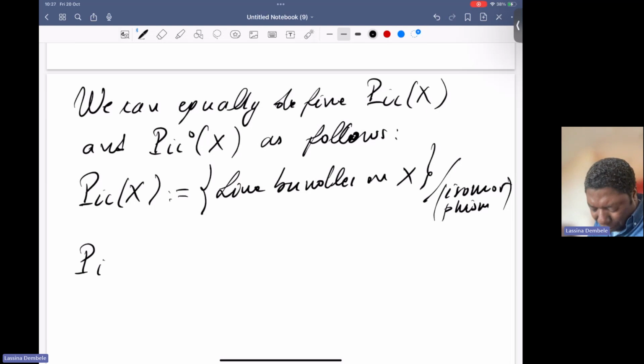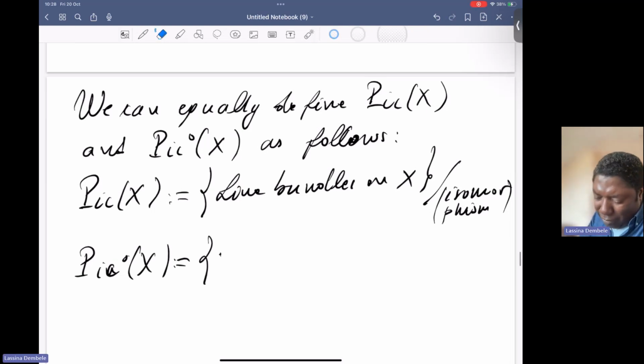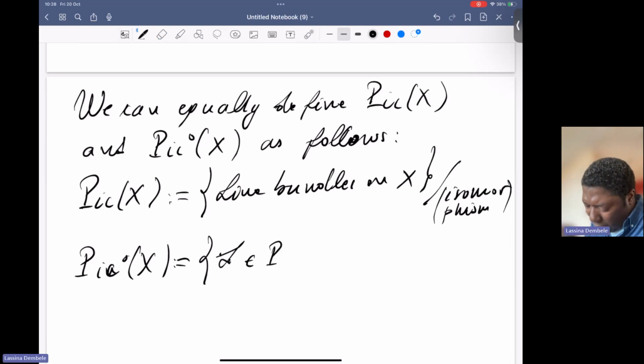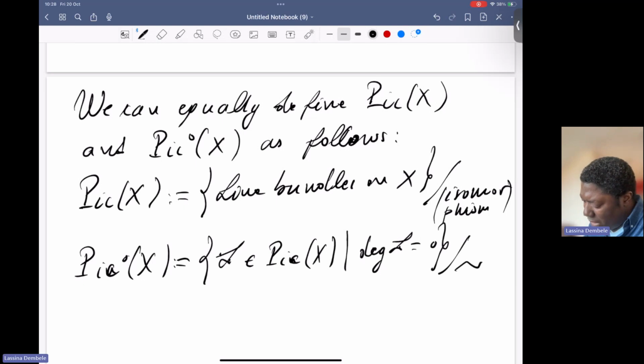And then Pic^0(X) would be those line bundles in Pic(X) with degree of L equal to 0. And again, this is up to isomorphism. Okay.